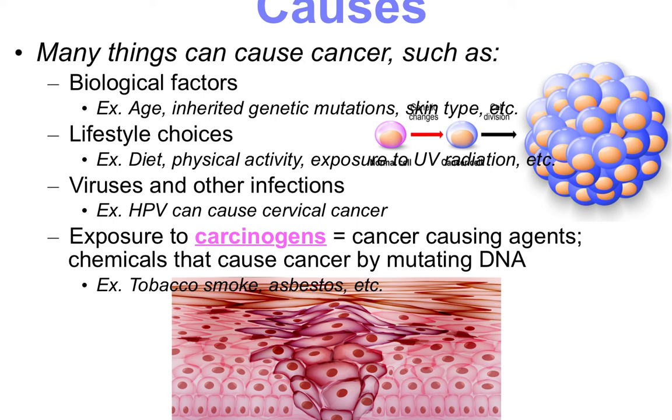Carcinogens are chemicals that can cause cancer. They usually will mutate the DNA and trigger something in the cell that will cause a cascade of uncontrolled cellular division. We find these carcinogens in things like asbestos and tobacco products, tobacco smoke.